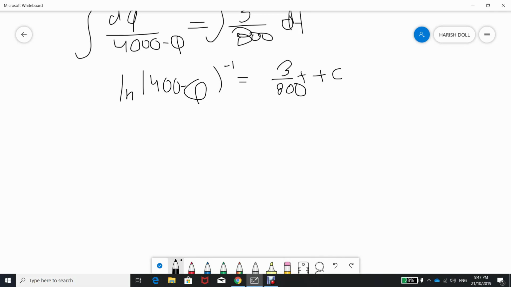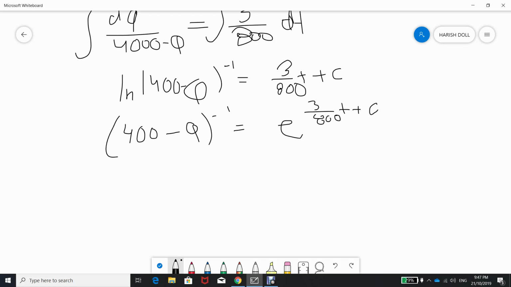So now we can take the exponential of both sides, and we'll be left with 4000 minus q to the power of negative 1, times a constant, is equivalent to e raised to 3 over 800 t plus c.